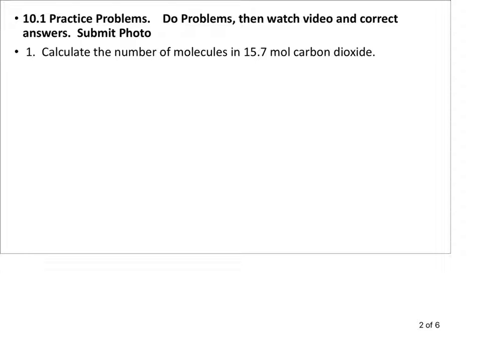In number 1 here, we want to go from 15.7 moles of CO2, and we want to figure out how many molecules we have.